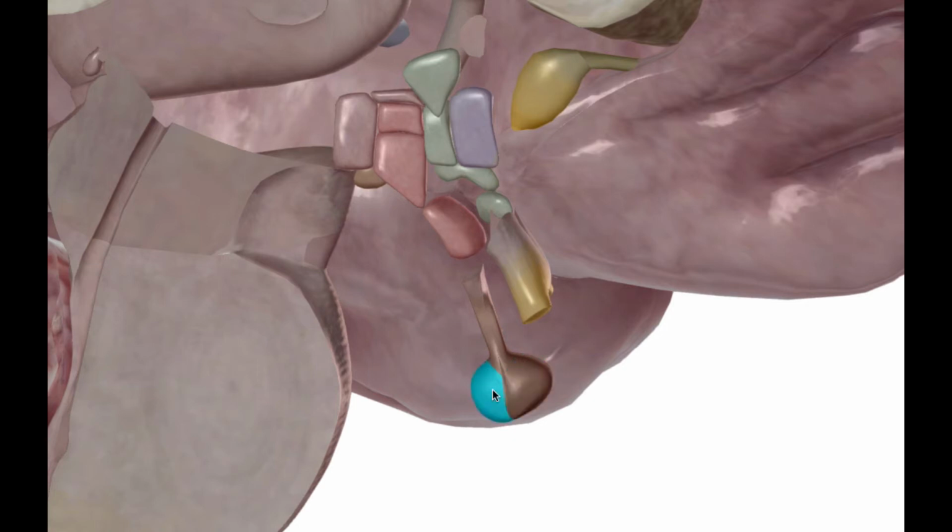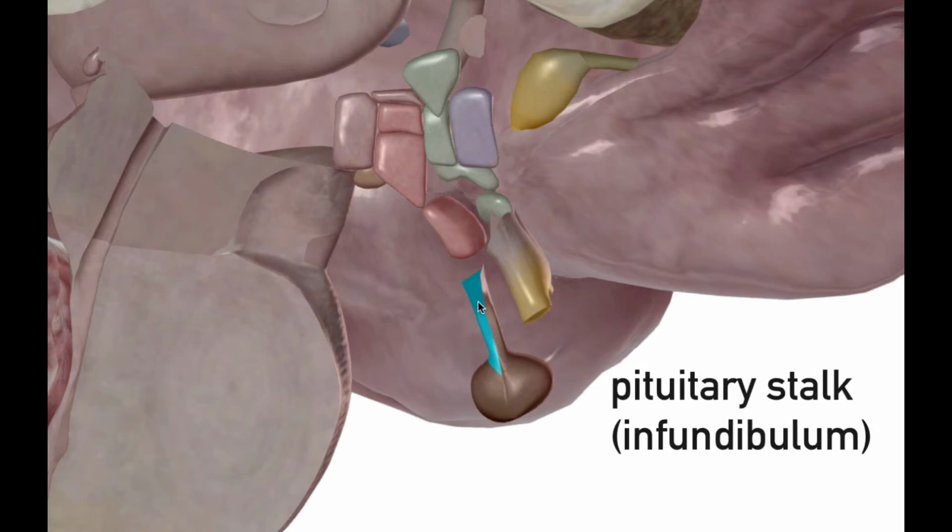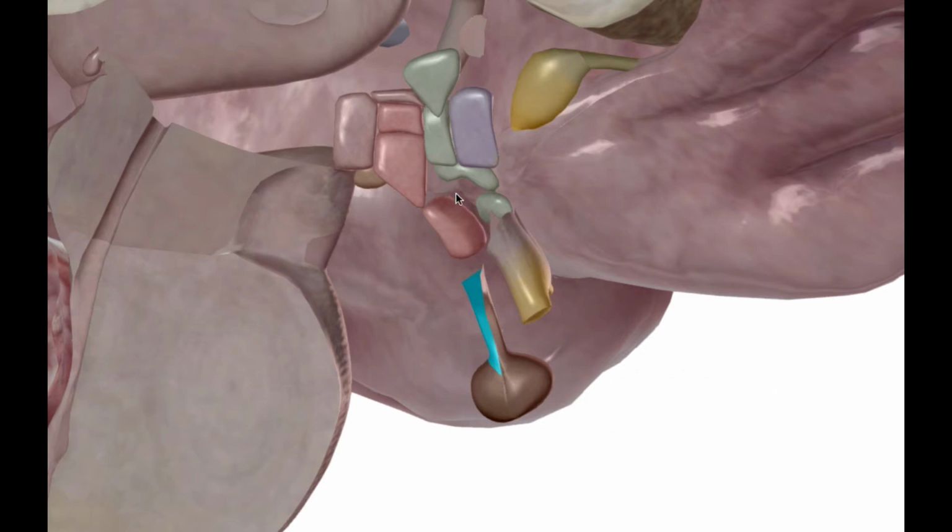So again, going back to the posterior pituitary, this is a direct neural connection. Now this part of the endocrine system is called the infundibulum. This part has the nervous tissue connecting posterior to the nuclei and hypothalamus, and this part, the stalk, the infundibulum, has capillaries.